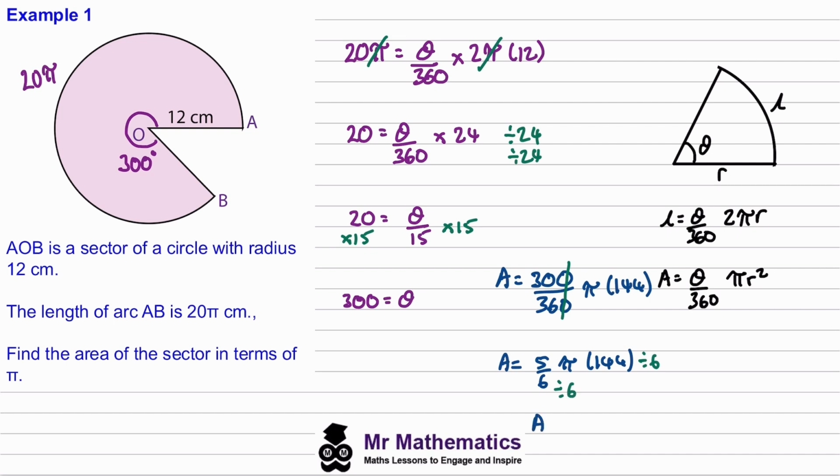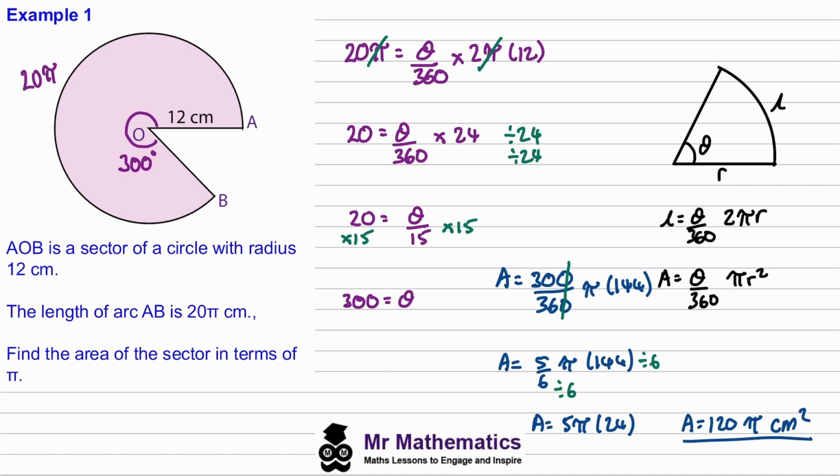So we get the area will be 5 pi times the 24. And when you work out 5 times 24, we get the area as 120 pi centimeters squared. Okay? So the key to this question was realizing we need to use this clue to work out the angle, and then we have enough information to find the area.